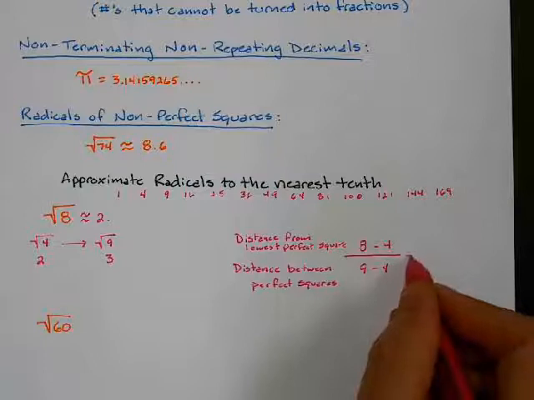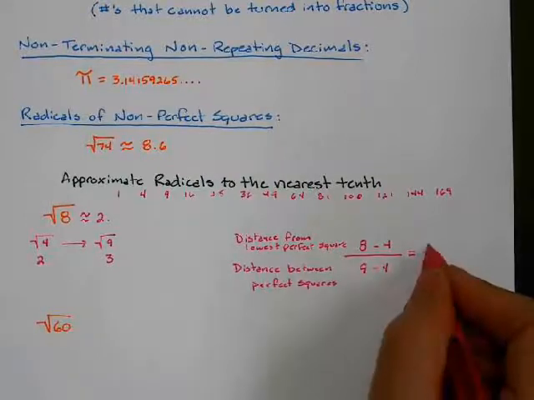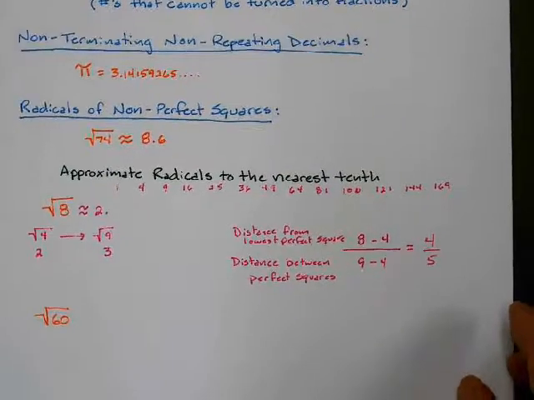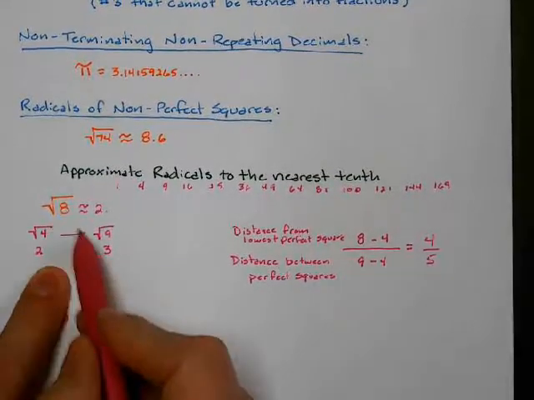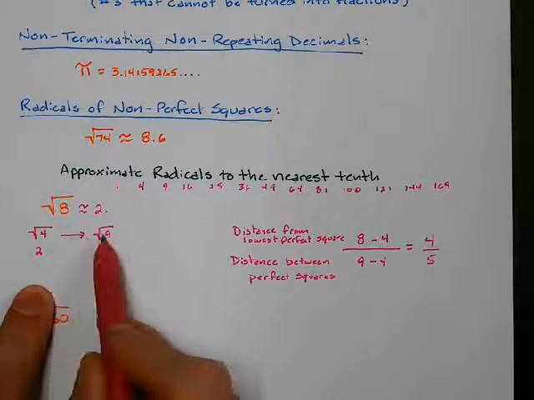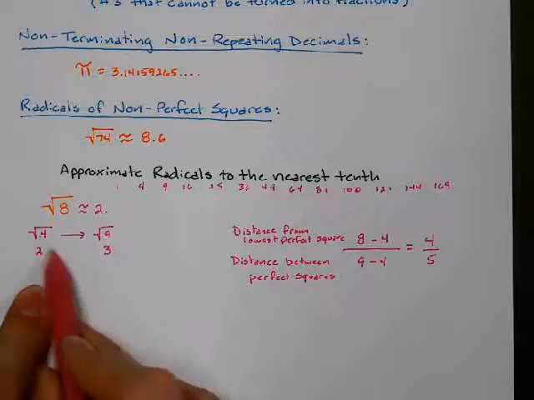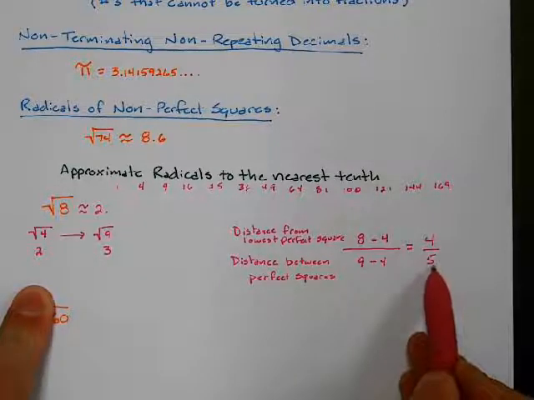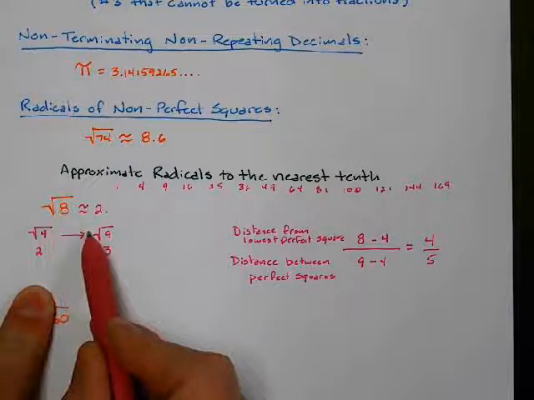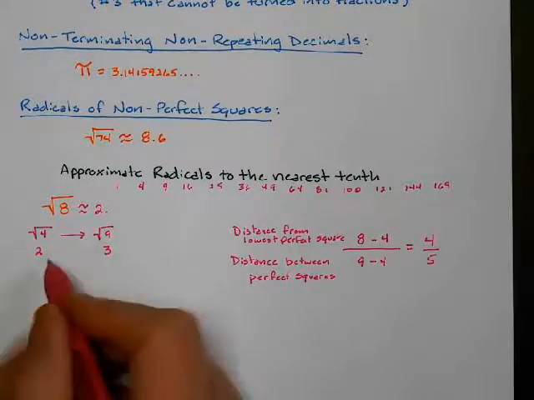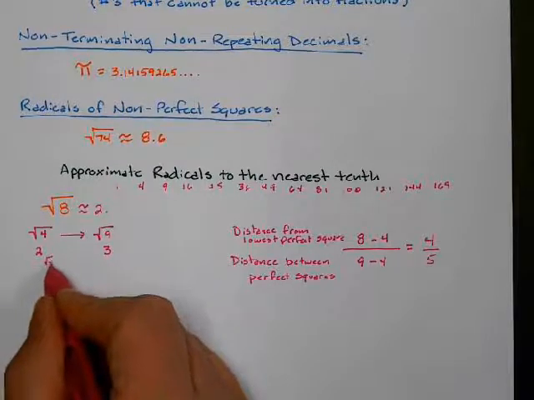So what's that saying? It's saying that root 8 is about 4/5 of the distance from root 4 to root 9. Because to go from root 4 to root 9, that's a total distance of 5. And root 8 goes 4 of those 5 distances, because we've got root 5, root 6, root 7, root 8.